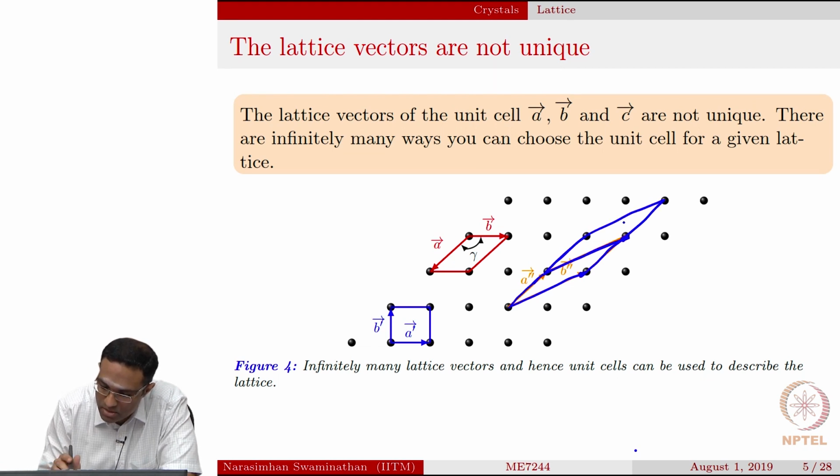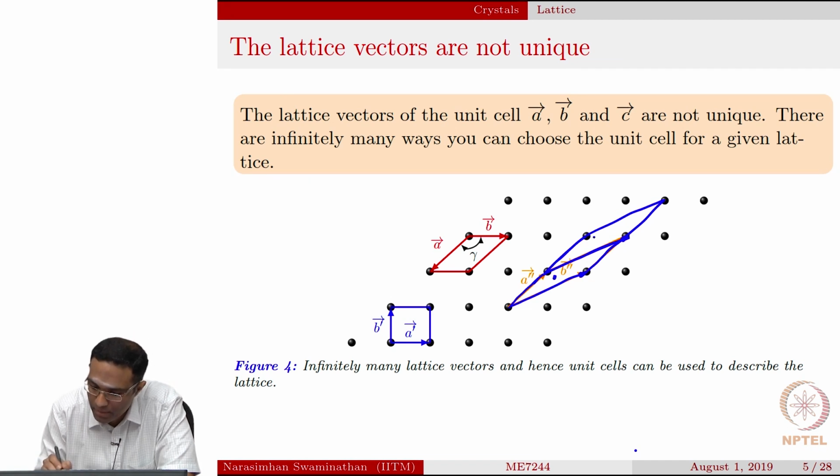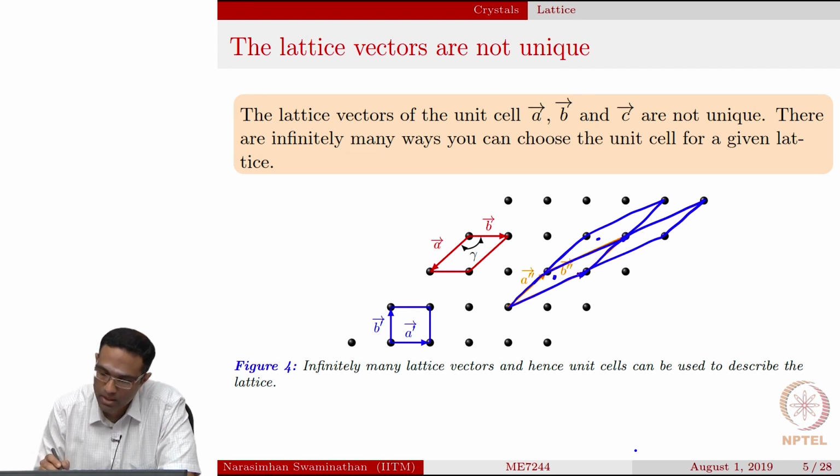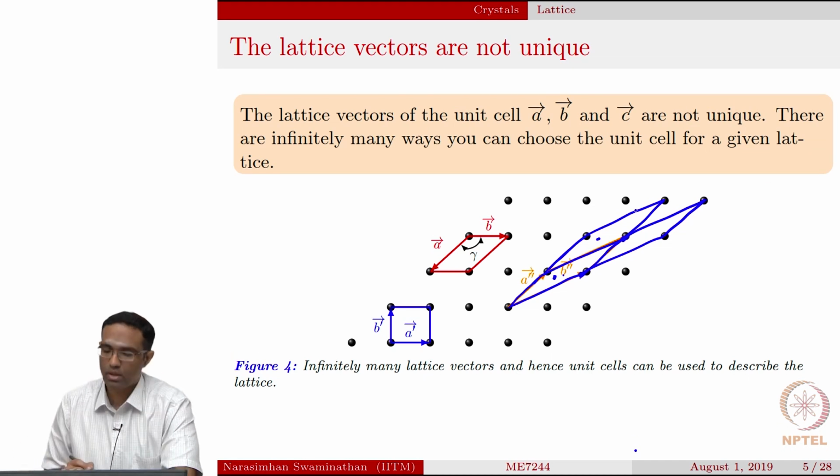So, you may just take this one and move it along A double prime and B double prime in order to generate other unit cells. So, this is another unit cell.